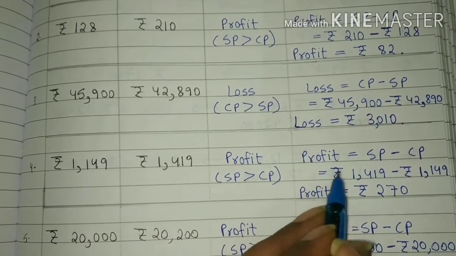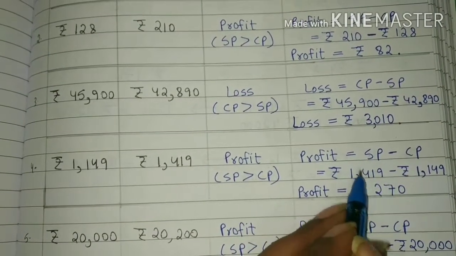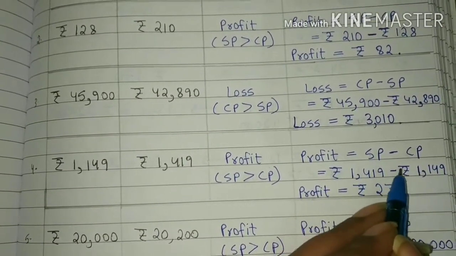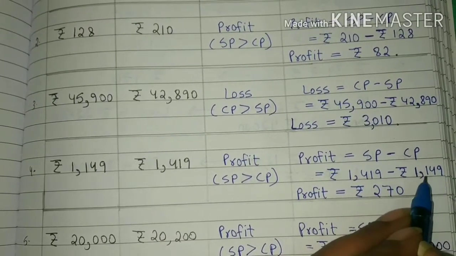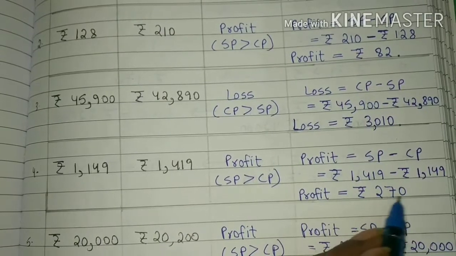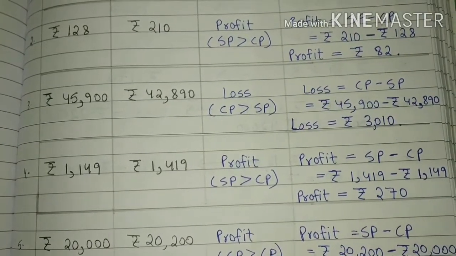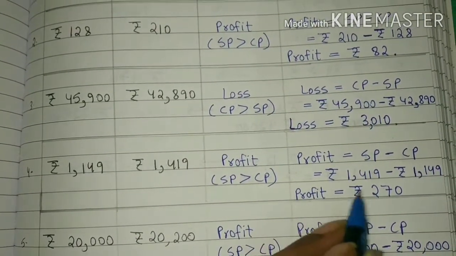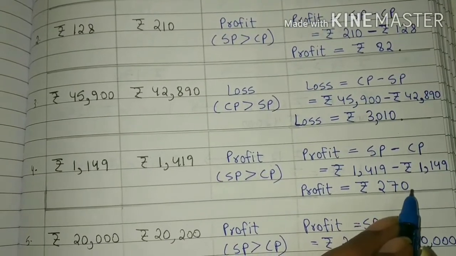So rupees 1419 minus rupees 1149 is rupees 270. So profit is rupees 270.